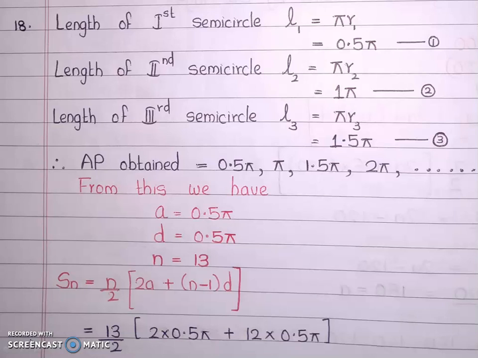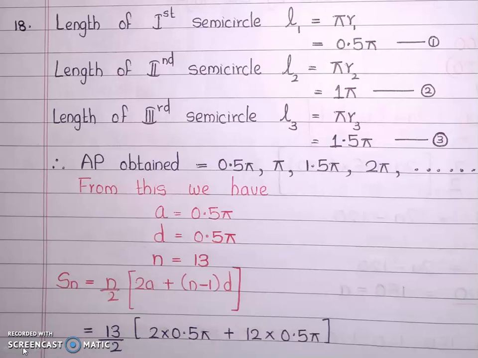So tell me, what is the circumference of a circle? You know, circumference of a circle is 2 pi r, isn't it? 2 pi r. So what is its half? It is pi r. So length of one semicircle is pi r.